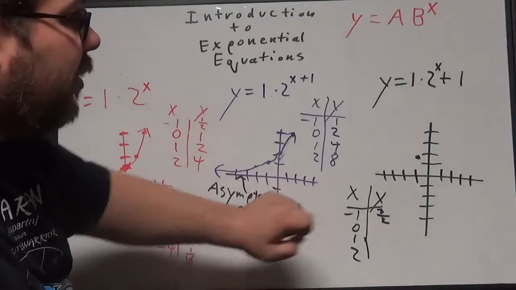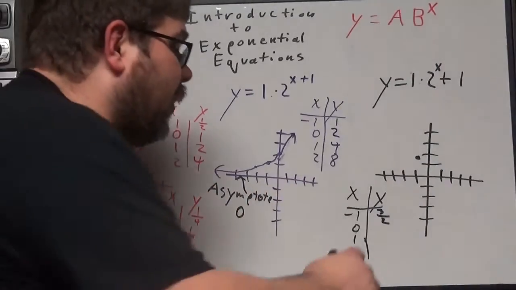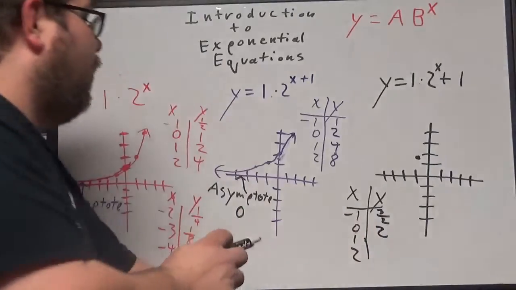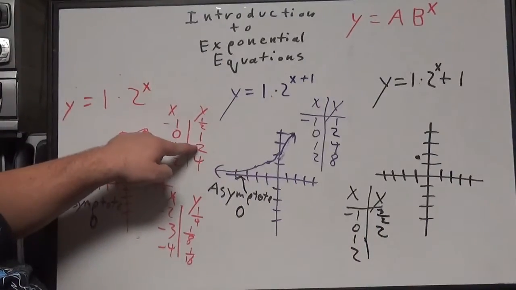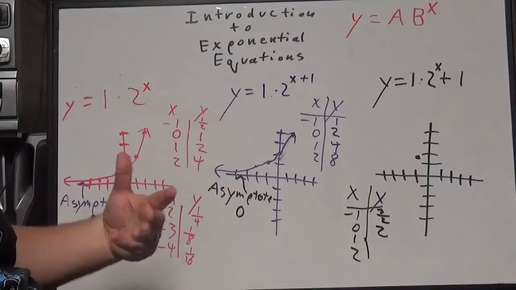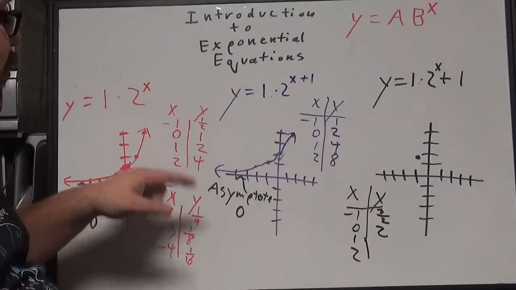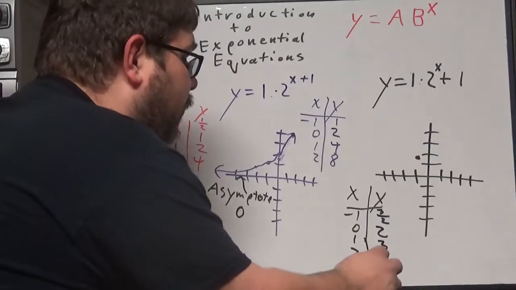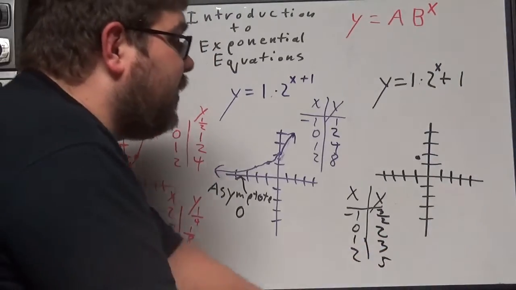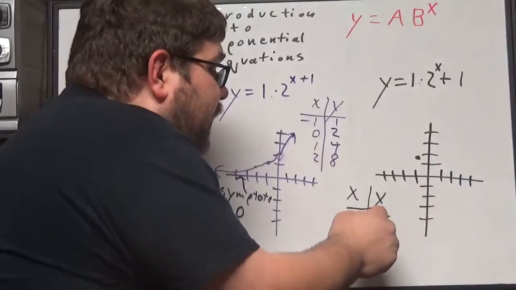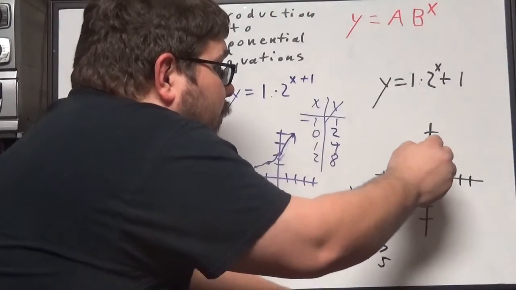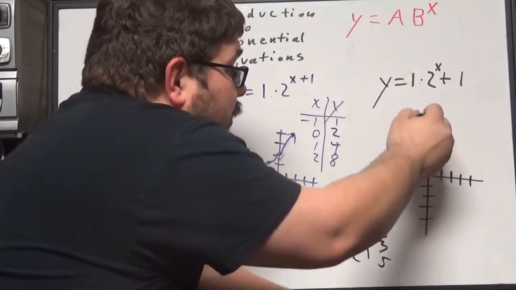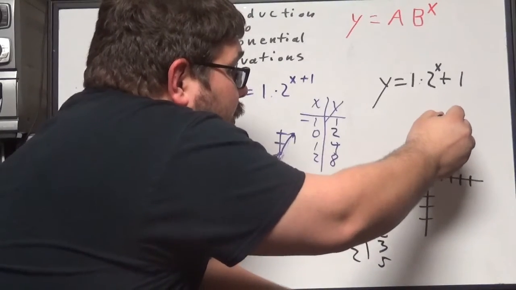Now 0 will give us 2. We're adding 1 to it. Same thing here. Before we had 2, now we're going to add 1 to it. Get 3, followed by 5. What this is going to do, let's see, 0 and 2 go up by 1/2. I'll make a 5th mark up here.